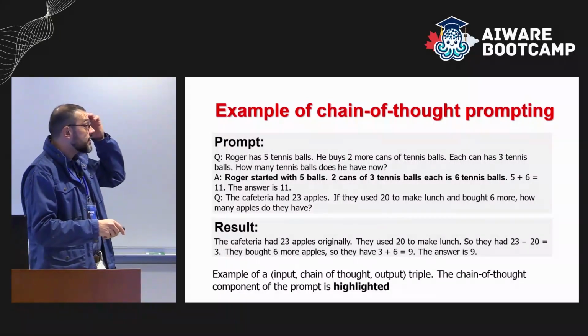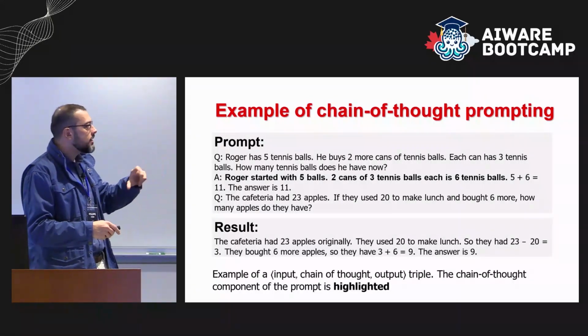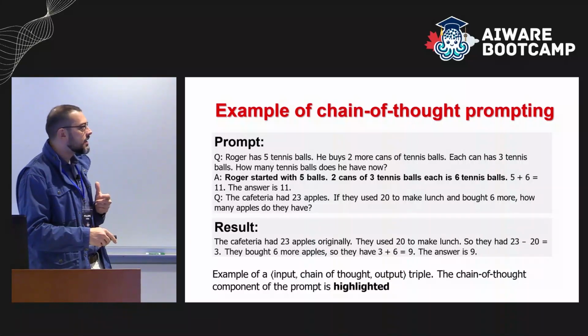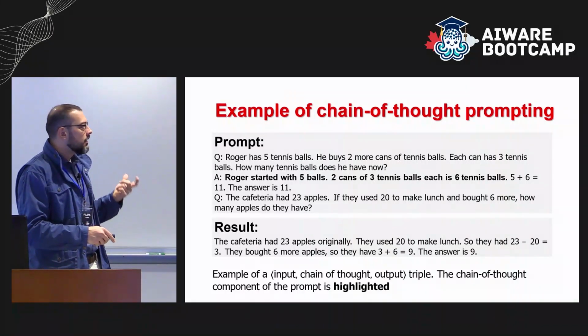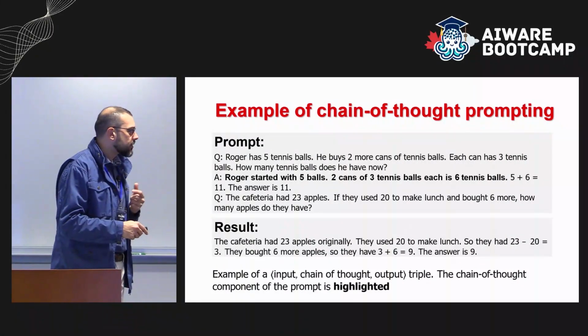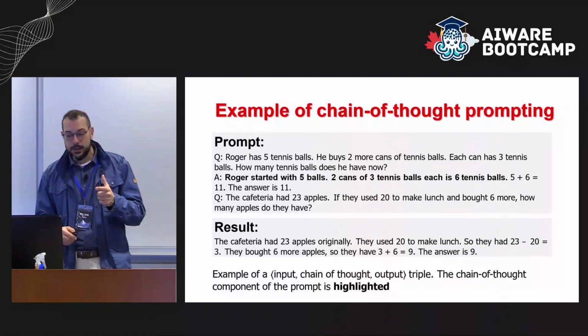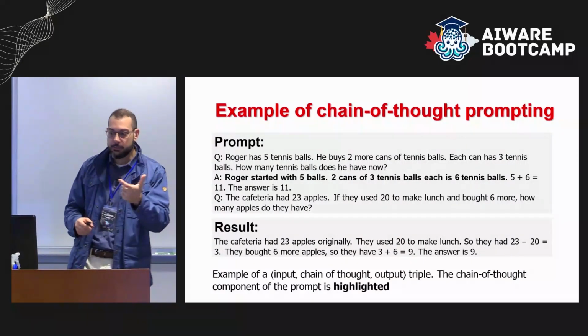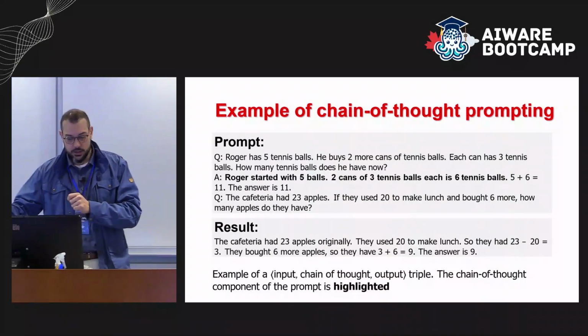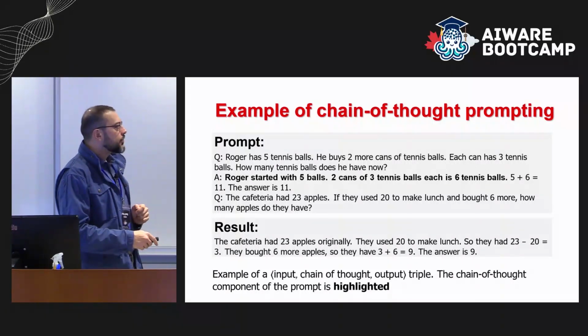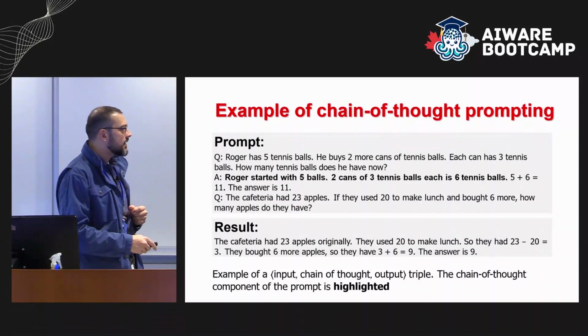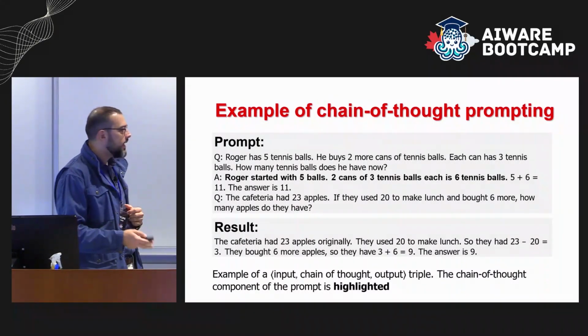So Roger started with 5 balls. 2 cans of 3 tennis balls each is 6 tennis balls, okay? 5 plus 6 equals 11, so the answer is 11. Now there you are showing an example of how the model should reason, all right? And I leave to the model the same question, all right, about the cafeteria and the apples.